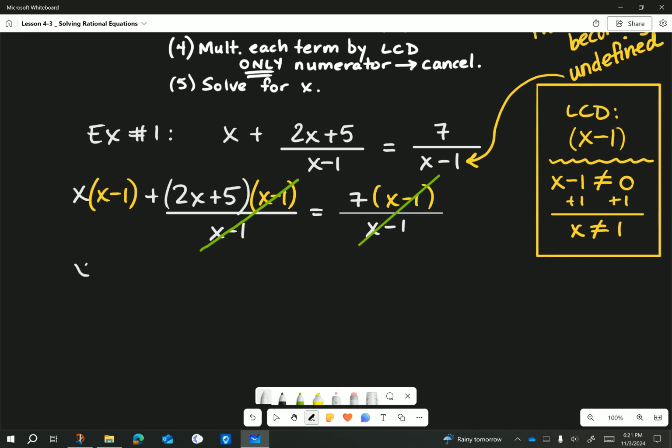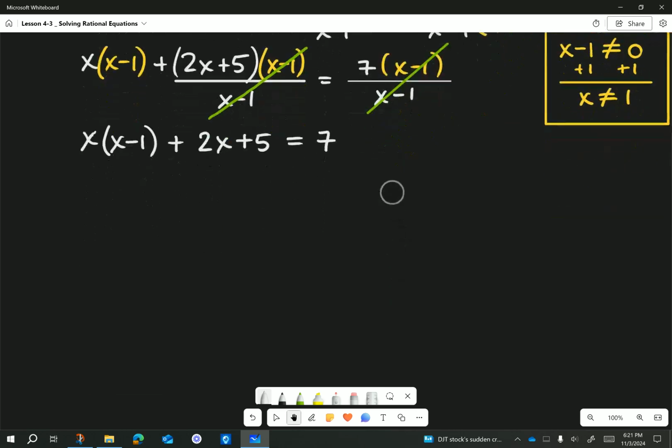So this x times x minus 1 comes down. This plus 2x plus 5 comes down, equals, and this 7 comes down because everything else disappeared, okay? Literally, they just cancel out, erase them.